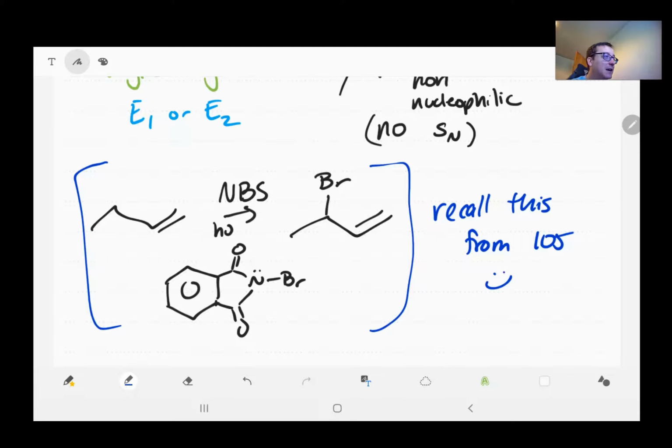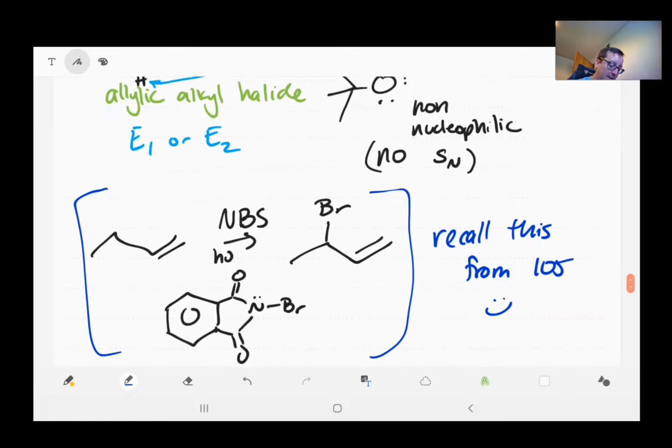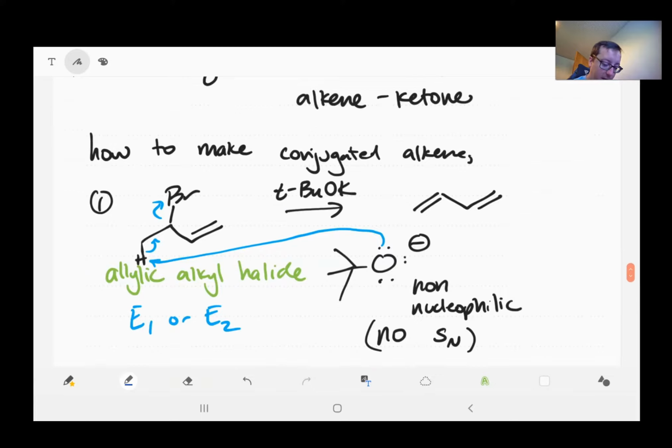So if you have a double bonded system, you throw in this compound N-bromosuccinimide with some UV light, and you'll go through some radical stuff, and poof, now you have an allylic alkyl halide, which now we can say, okay, we're going to go nuts and kick it off and get our double alkene here, in this case butadiene, our conjugated system.